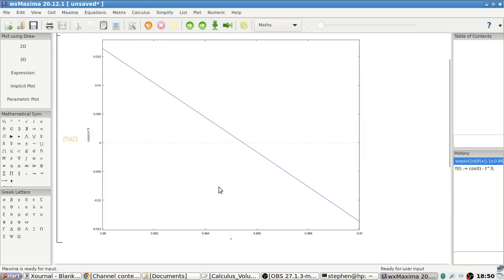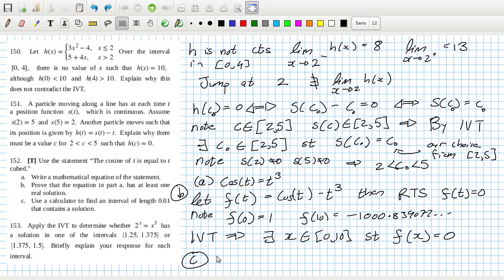So if you calculate f of 0.86, then f of 0.87. So let me take out the calculator. 0.86, that's a positive number.